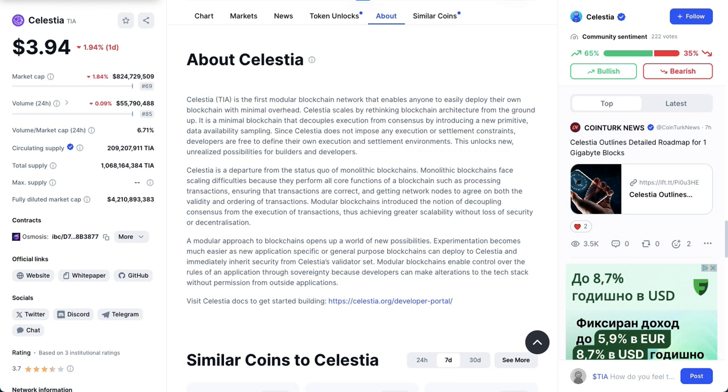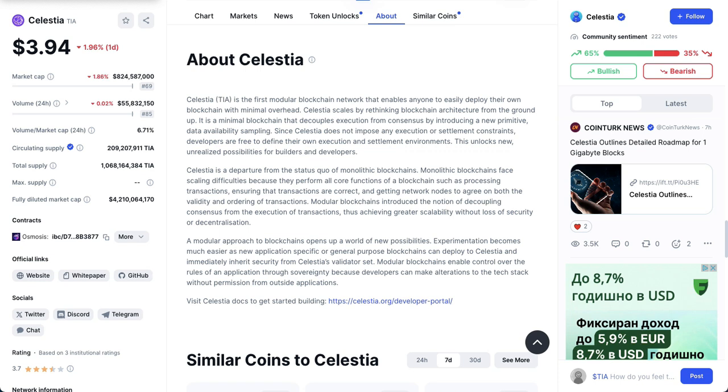On the other hand, modular blockchains introduce the notion of decoupling consensus from the execution of transactions, thus achieving greater scalability without loss of security or decentralization. That's what makes Celestia truly special and unique and highly valuable: the security, and that it is completely decentralized.